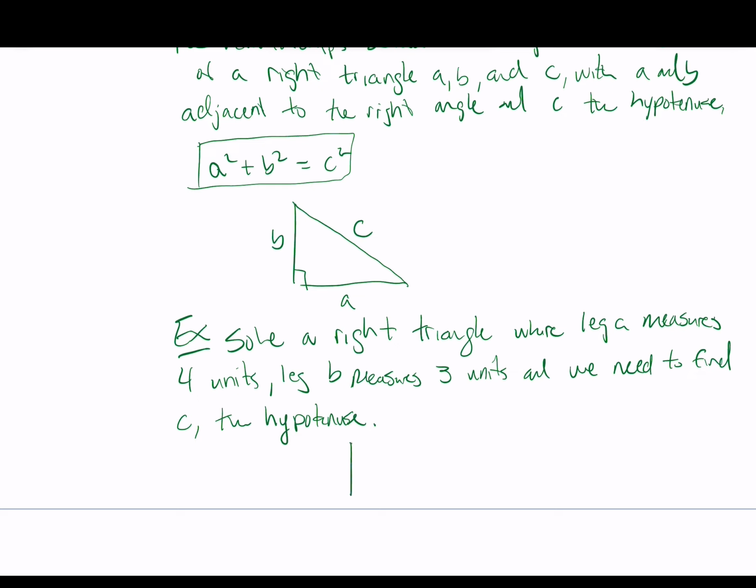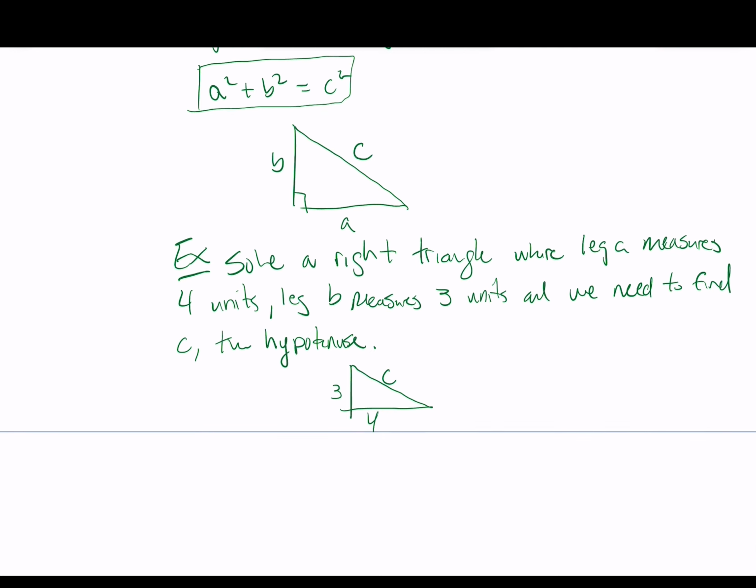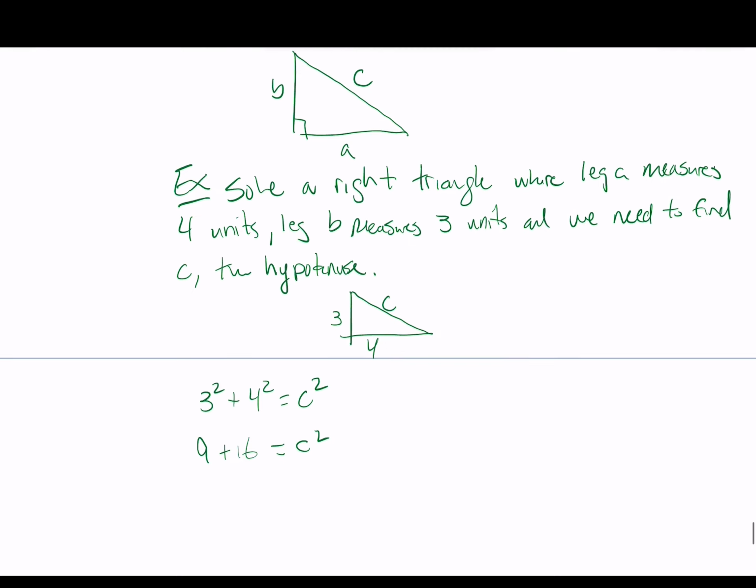So we have a right triangle, whose lengths are 3, 4, and C, and we want to find what C is. Well, the Pythagorean theorem says that A squared plus B squared is equal to C squared, so 3 squared plus 4 squared is equal to C squared. Well, 3 squared is 9 and 4 squared is 16. 9 plus 16 is 25 is equal to C squared.